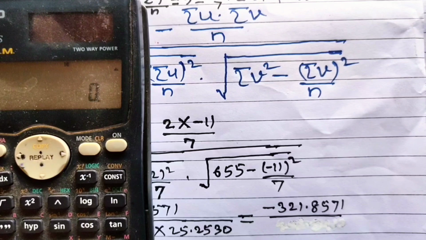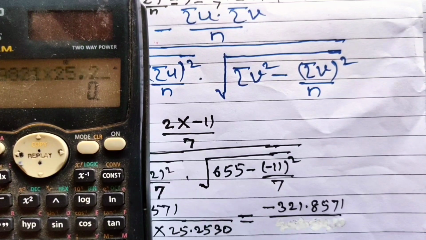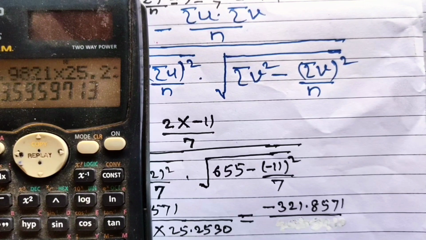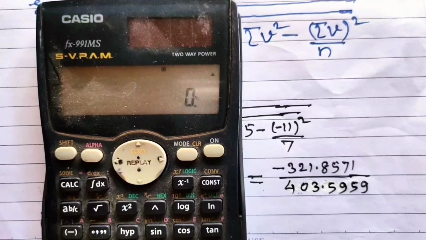So 15.9821 into 25.2530 is equal to 403.5959.